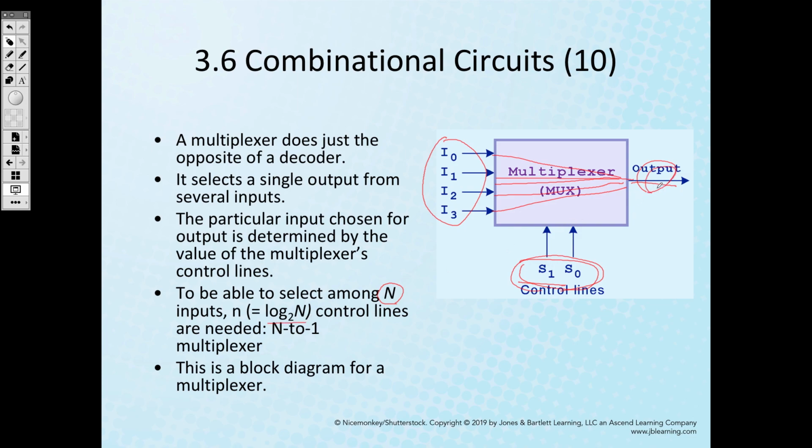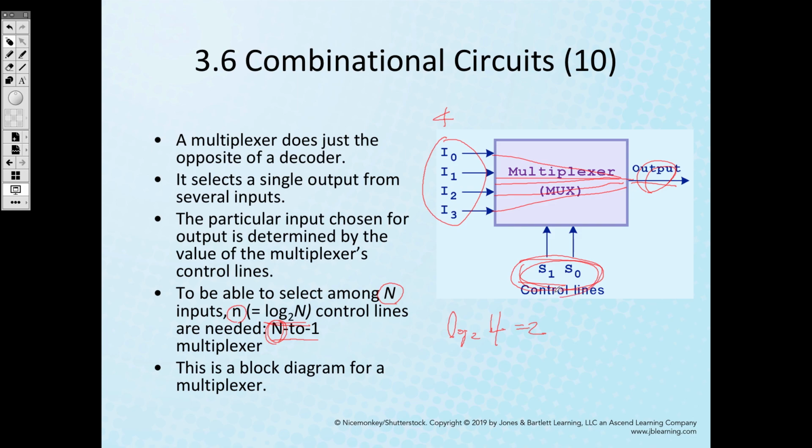Output is always 1. So if we say n to 1 multiplexer, n is the number of inputs, and out of n we can compute log 2 n, and that becomes the number of control lines. In this example, we have 4 inputs, and then control lines should be log 2 4, which is 2.